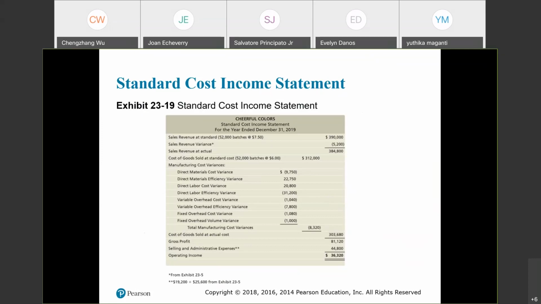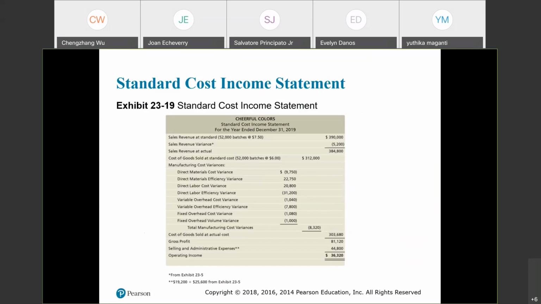Notice that the operating income shown here is the same as the operating income shown in the previous slides. That is the flexible budget performance report.